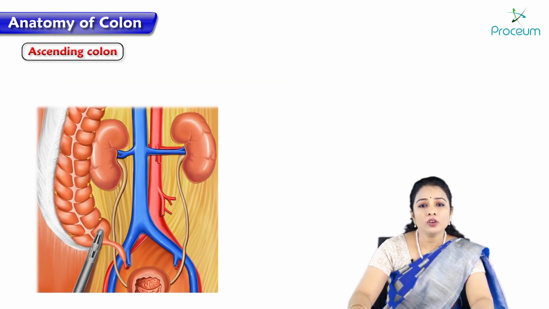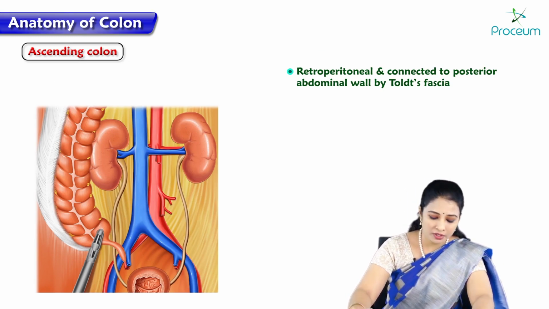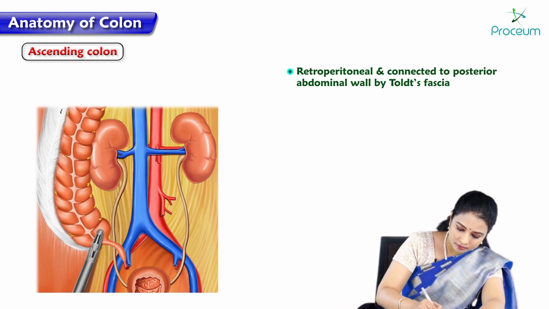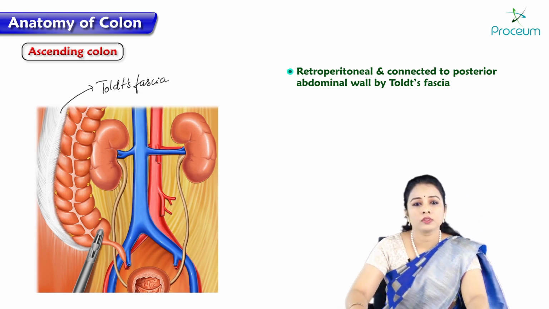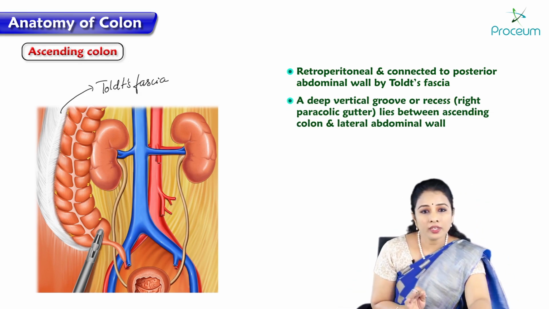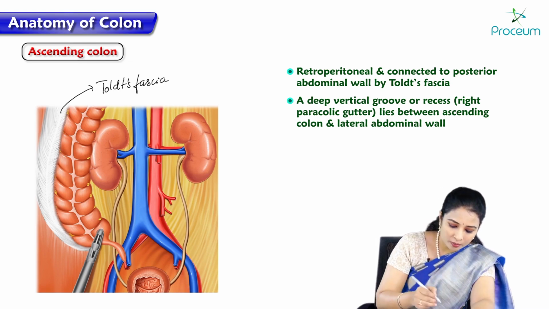The ascending colon is retroperitoneal and is connected to the posterior abdominal wall by Toldt's fascia. The paracolic gutter lies between the ascending colon and the lateral abdominal wall.